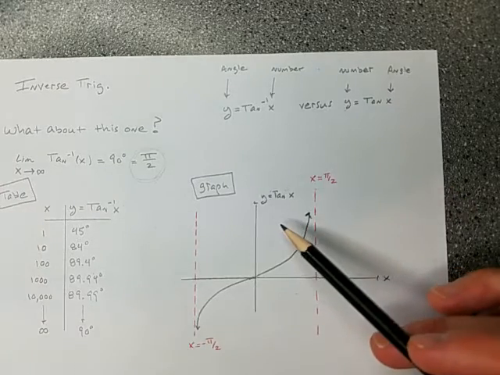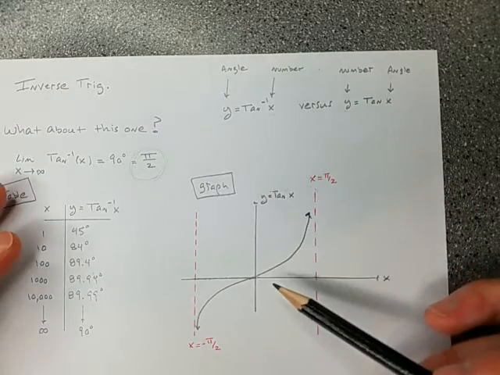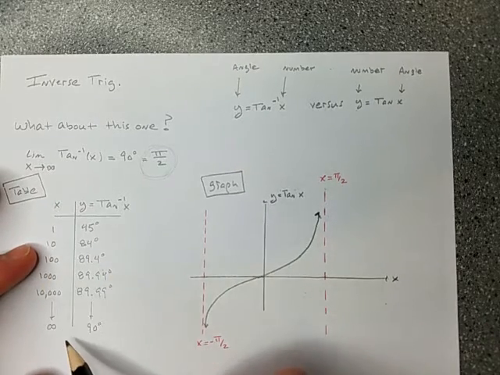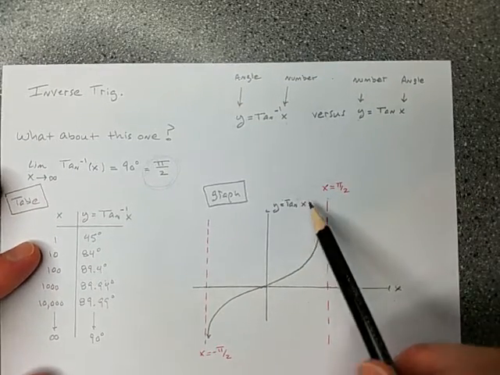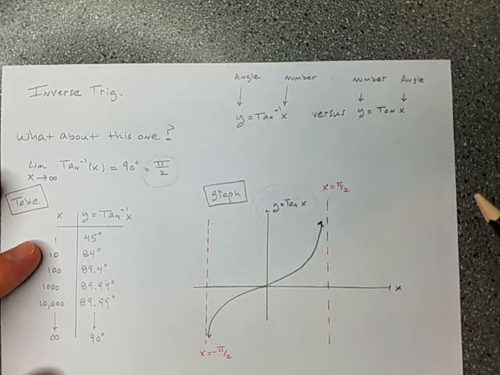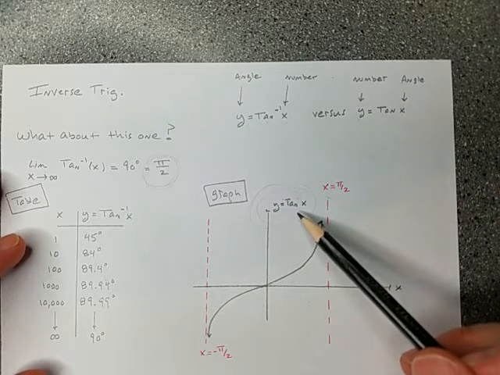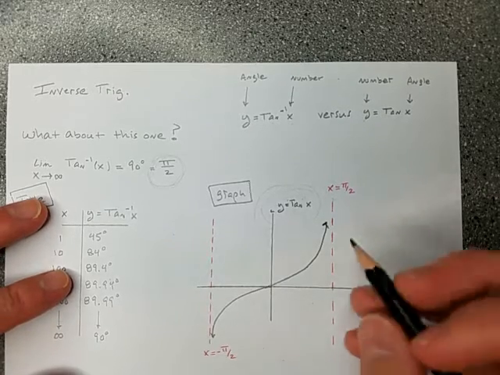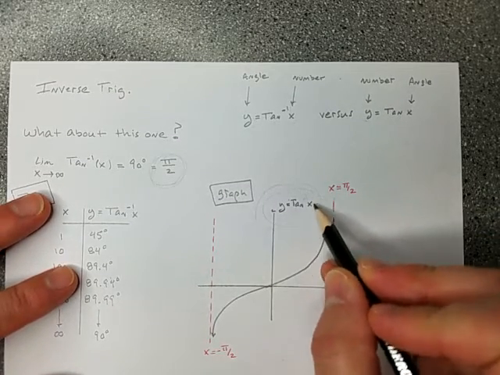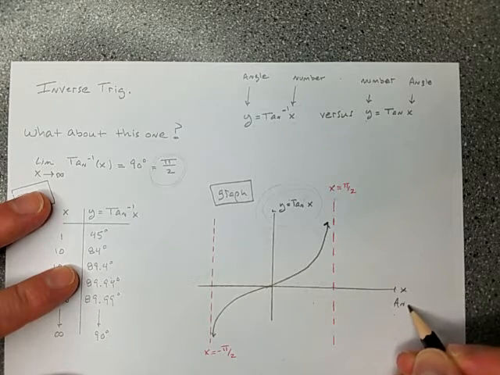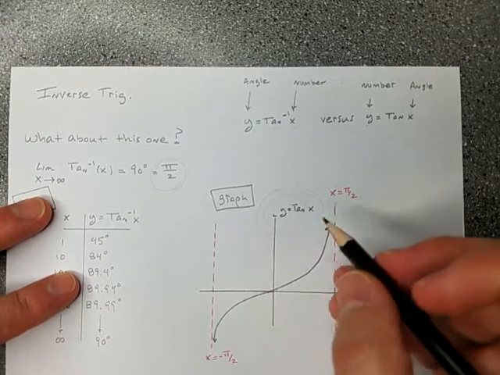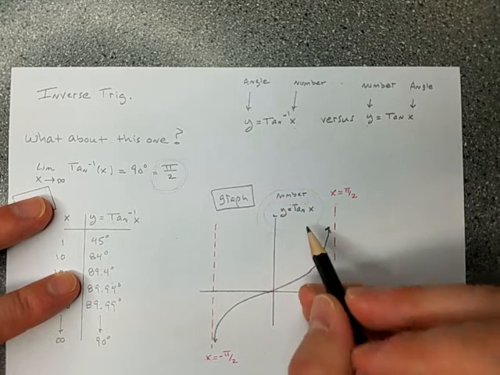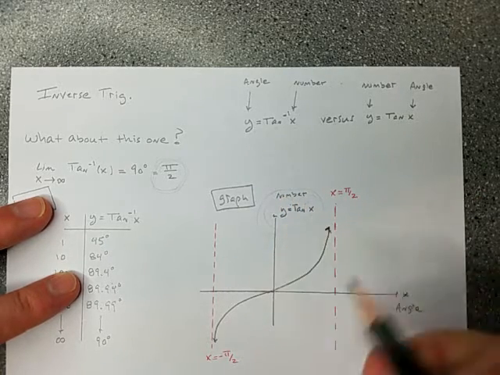Now remember, one thing I mentioned a little while ago is if you know the shapes of curves, that can help you see patterns among variables, all right? So I decided to draw the tangent curve here because I thought more people would be familiar with it than the tangent inverse curve. So let's see, what's x? That's an angle, okay? And what's y? Y is a number, right? Because you take tangent of an angle and you get a number.